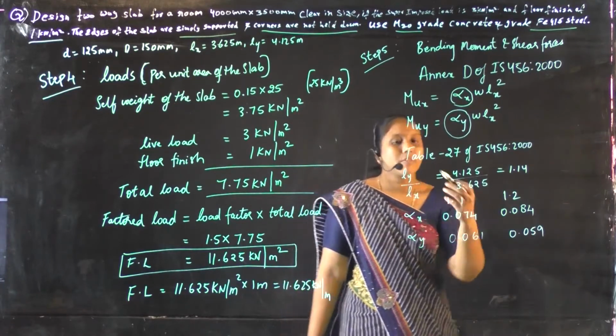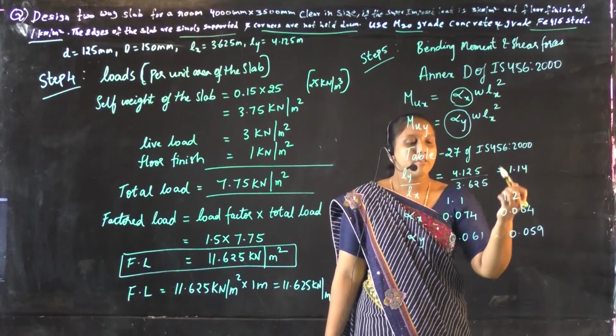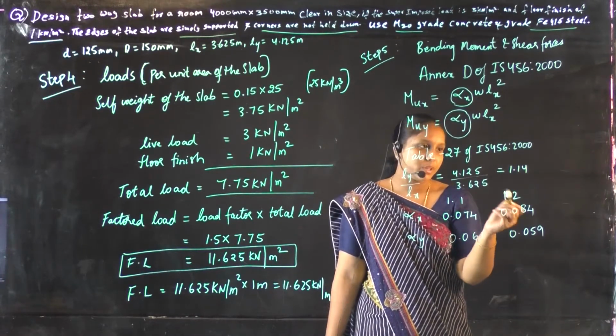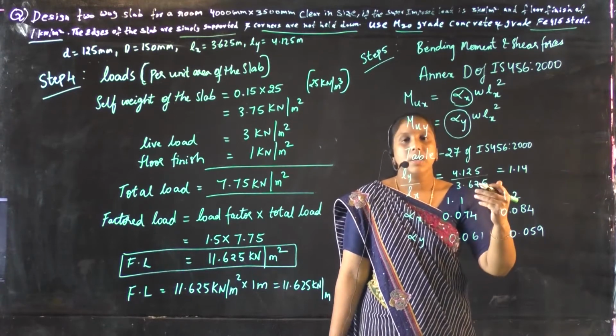So here we have got the Ly by Lx value as 1.14. This 1.14 is an intermediate value in between these two, isn't it? So now we have to interpolate this.